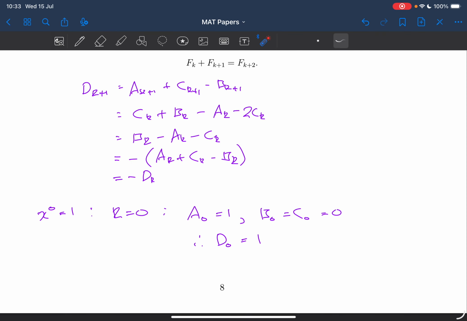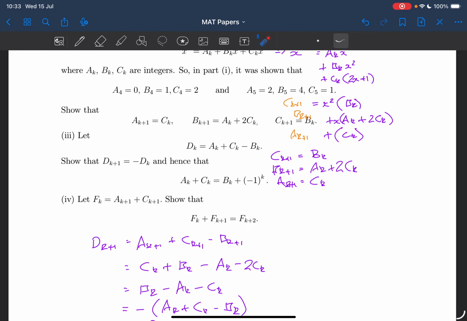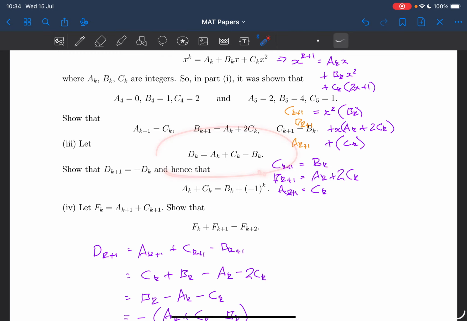And then we use this negative fact. The next one is going to be minus of that. So we have that d1 is equal to negative 1, d2 is equal to 1, etc., etc. So what does that tell us? dk is equal to minus 1 to the power k. So we can take our expression that we had up here and replace dk with minus 1 to the power k.